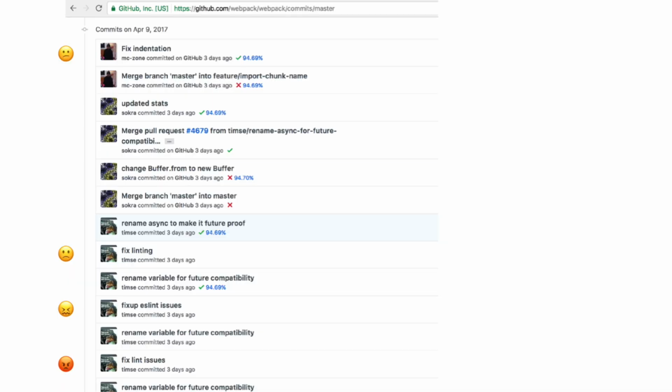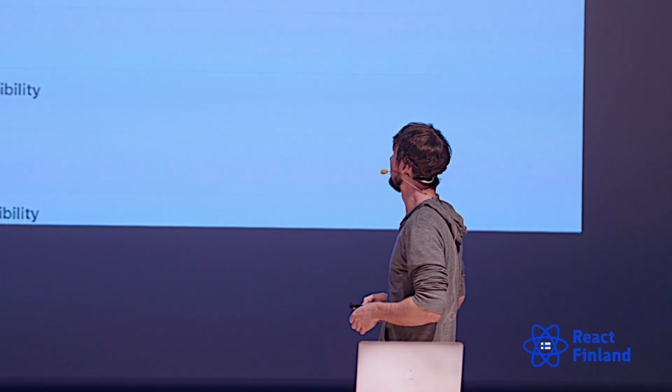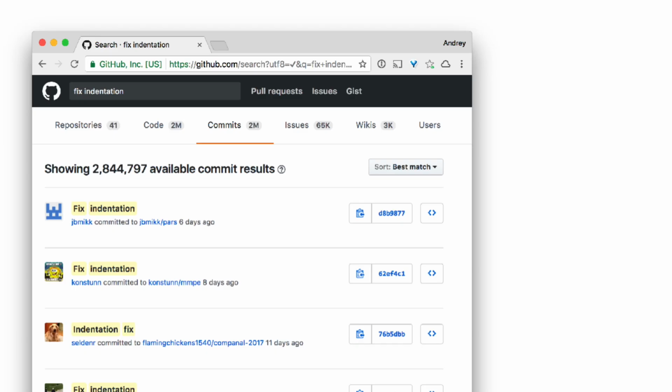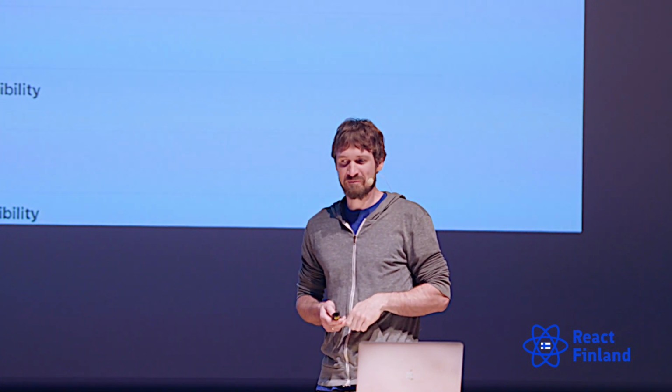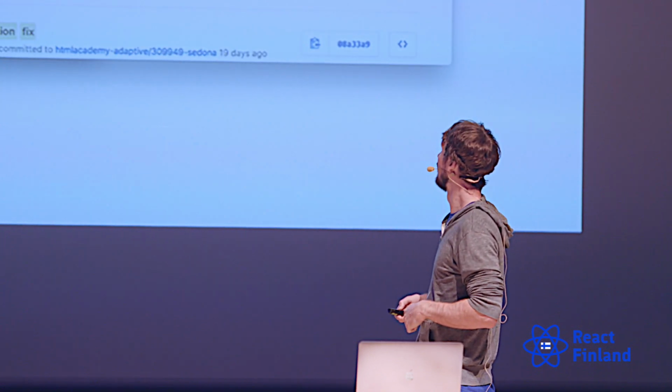I went to the Webpack repo. It's a pretty famous one. And I spotted 1, 2, 3, 4 fixed lint issues on one single page. I didn't even start scrolling. That made me think probably many people have this problem. So I searched the whole GitHub.